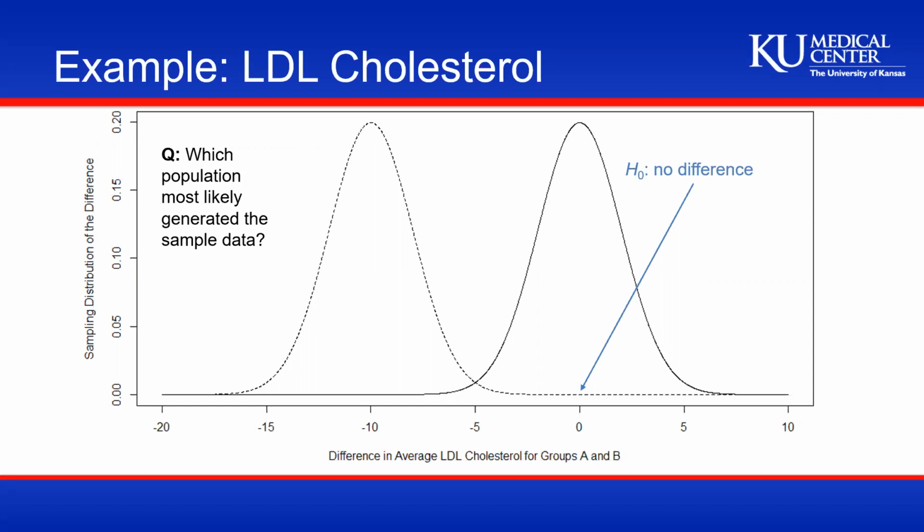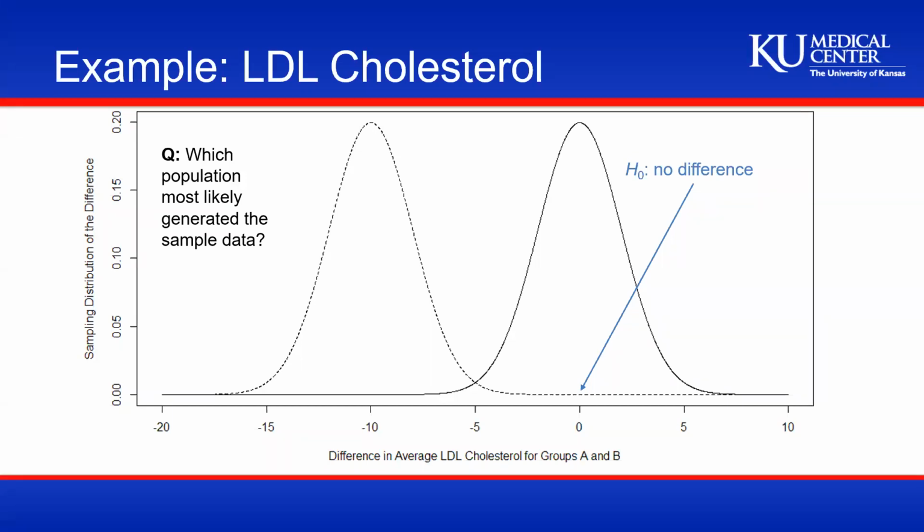The x-axis reflects the difference in average LDL cholesterol for two different groups, one group treated by A, one group treated by B. If there's no difference in the way patients are responding, then the difference is zero, right? So notice that this distribution is centered around zero.